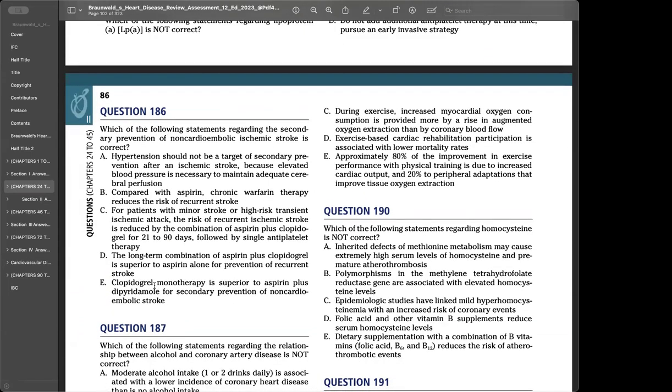Question 190. Which of the following statements regarding homocysteine is not correct? A. Inherited defects of methionine metabolism may cause extremely high serum levels of homocysteine and premature atherothrombosis. B. Polymorphisms in the methylene tetrahydrofolate reductase gene are associated with an elevated homocysteine level.